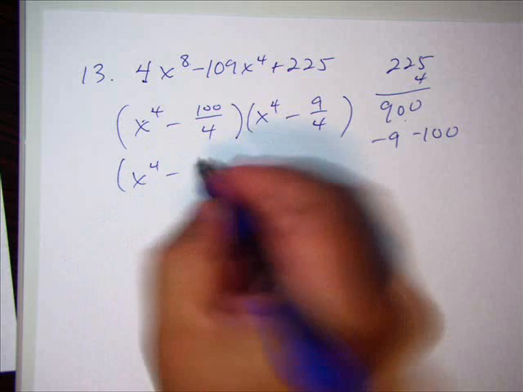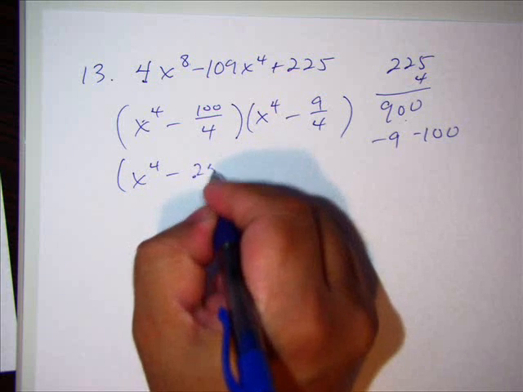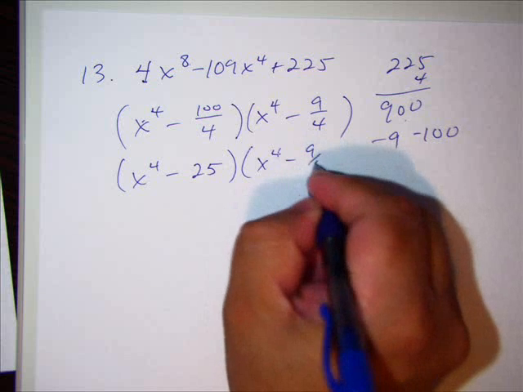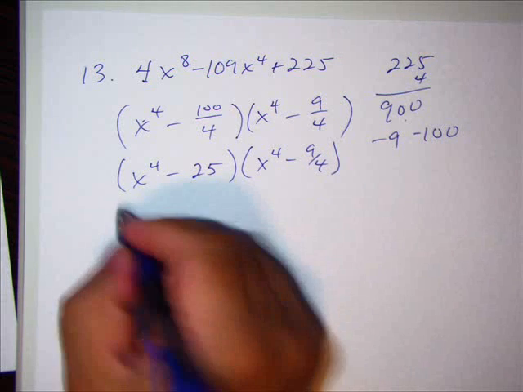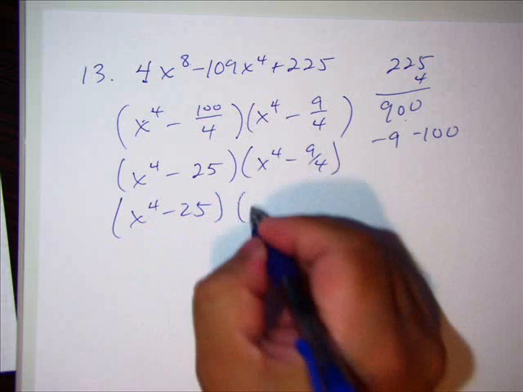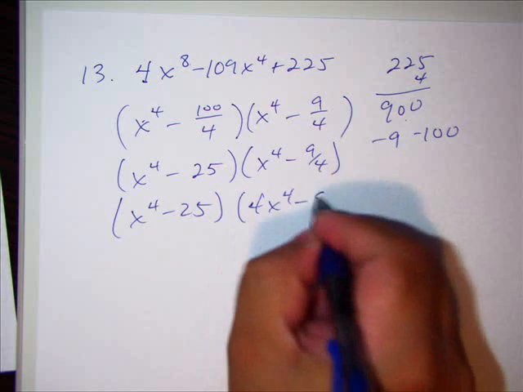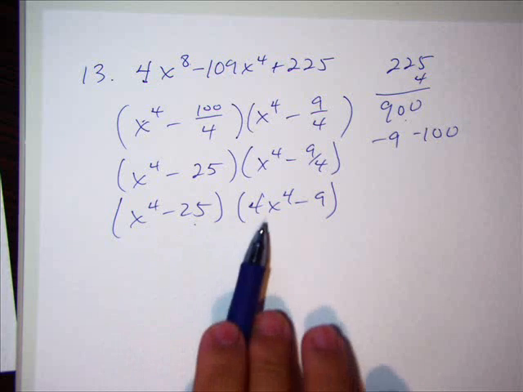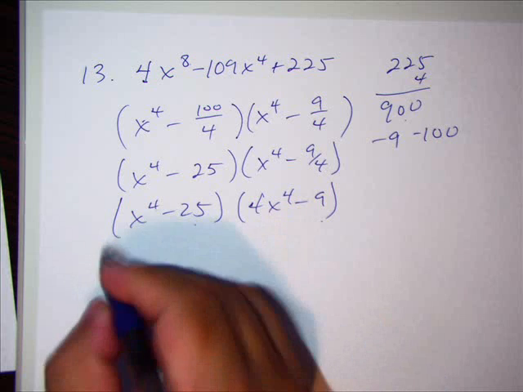Reduce the fractions, and this one becomes 25. This one doesn't reduce. Let me rewrite that again. Bring the 4 up. And you can factor even further, because this is a difference of two squares, and this one's a difference of two squares.